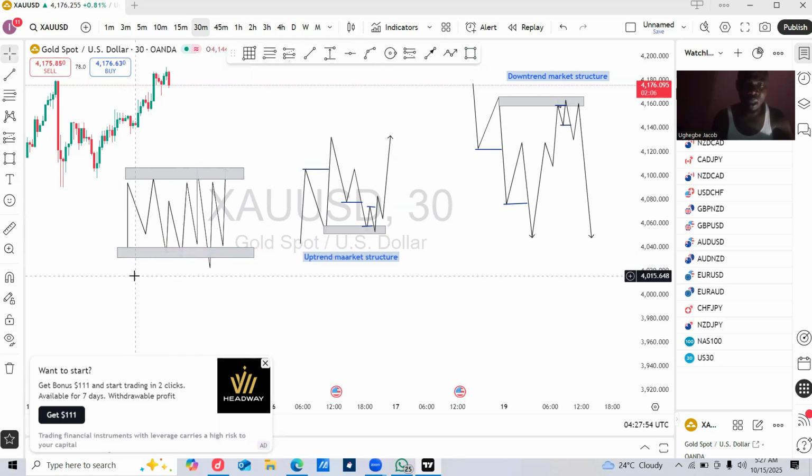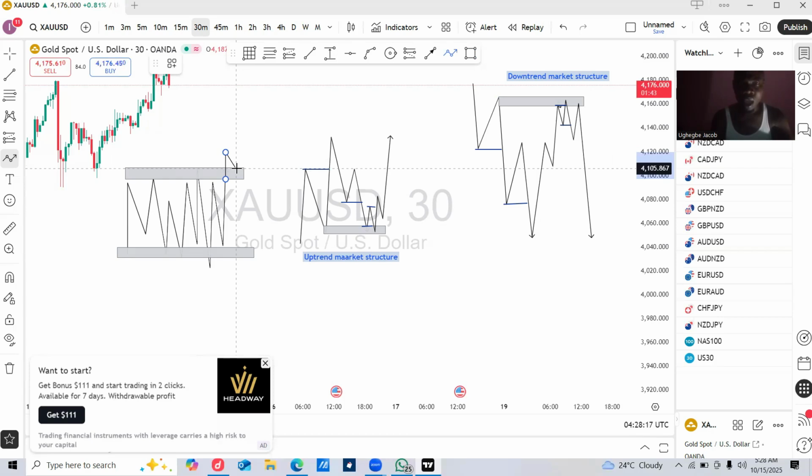in this ranging market, your job is to focus and look for how the market will react. First of all, if the market breaks above this high here, allow the market to return back to tap here. Most traders will just enter from here and buy up.